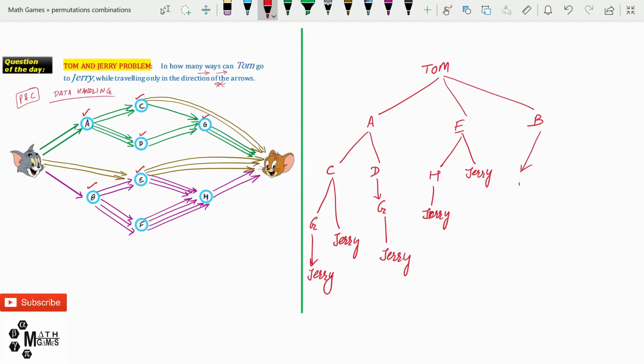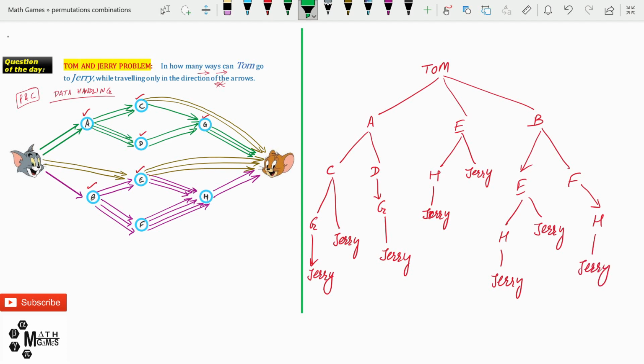From B he can go to E, and from B he can go to F. From E again the possibilities are E to H, E to Jerry, and E straight away to Jerry. From F he has only one option available, that is F to H, and from H to Jerry.